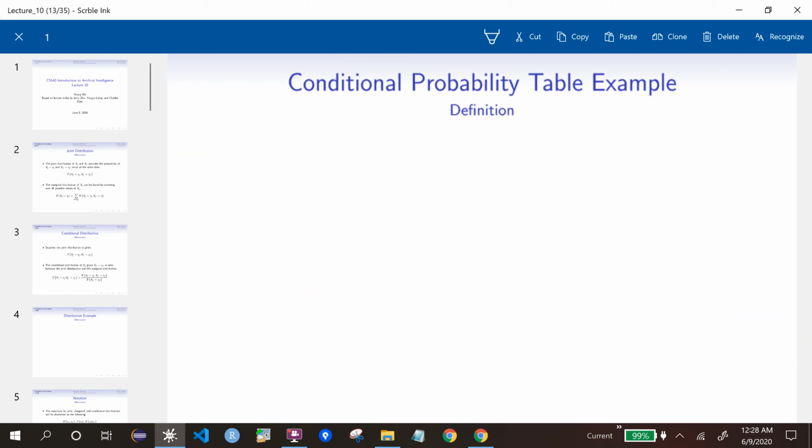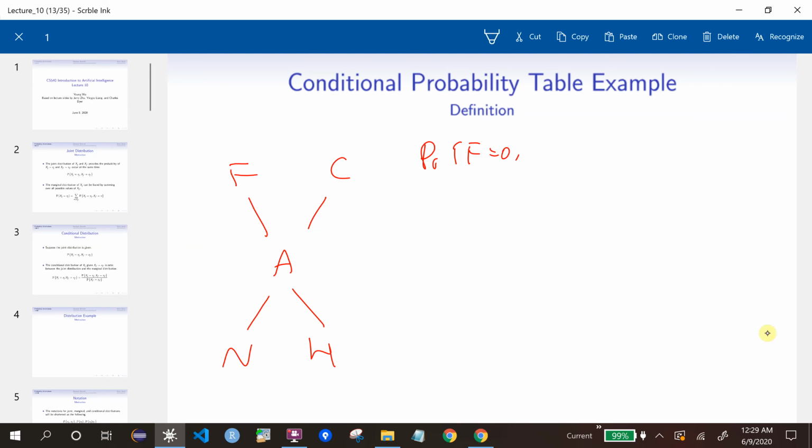So here, what kind of probability do we need to specify in order to specify the joint distribution? Let me see. So F, C, A, and N, and H. In order to specify this, we need the probability, for example, all of them are 0. So there's no fire, no cat, I mean, cat does not trigger the alarm, and no alarm.